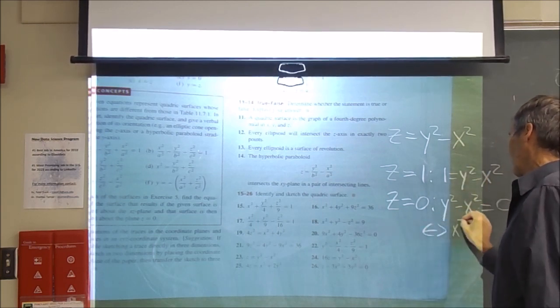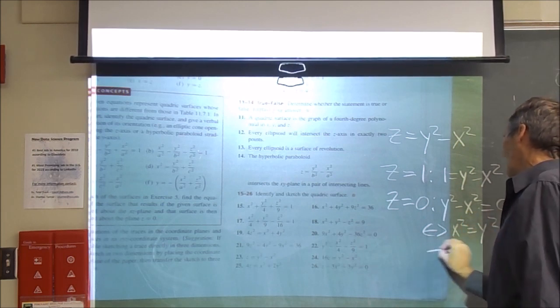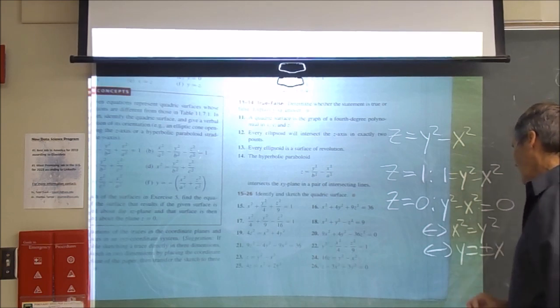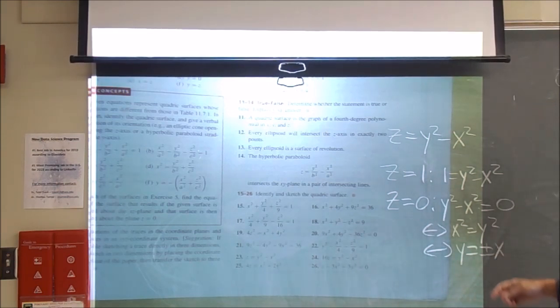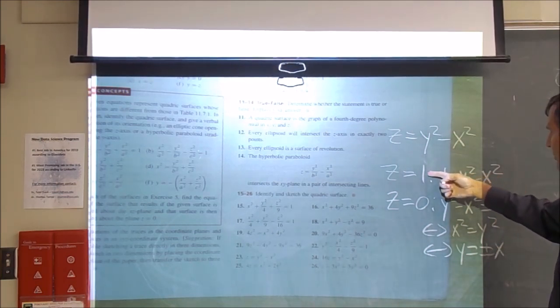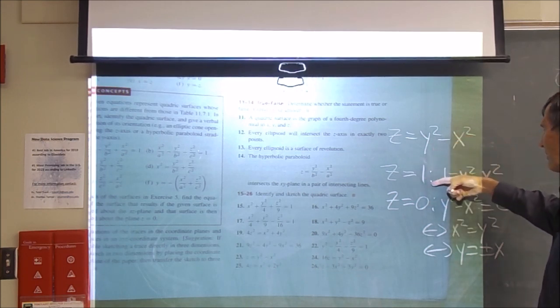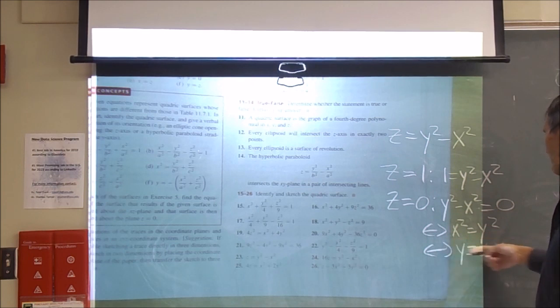Equivalently, x squared equals y squared. Equivalently, 2 lines, y equals plus or minus x. And so what you get in the traces parallel to the xy plane are in general hyperbolas. You can try some other numbers here, but in the xy plane itself, you get a pair of intersecting lines.